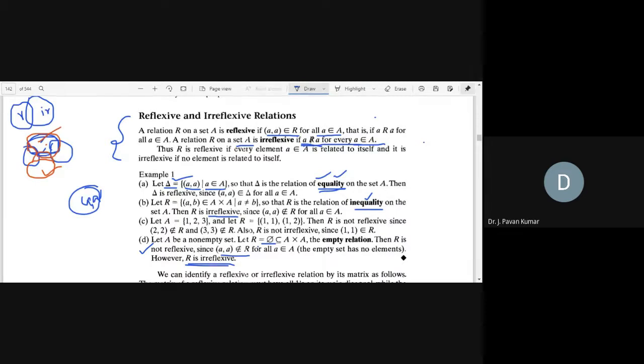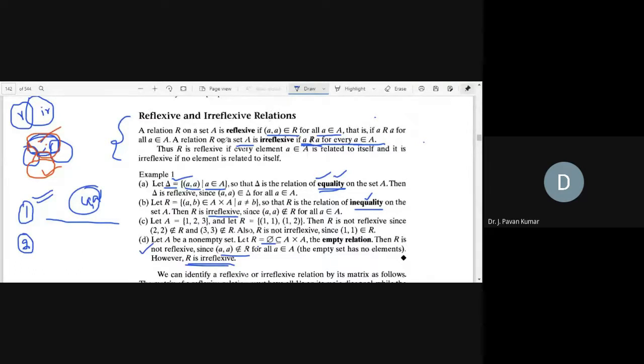We will be representing the relation in the form of tuples. Then we could determine whether all the tuples of the form a comma a are present in R or not, and we can say it is reflexive. Or if no pair of the form a comma a is present, then we can say it is irreflexive. But how could we determine the same thing in the form of matrix representation?